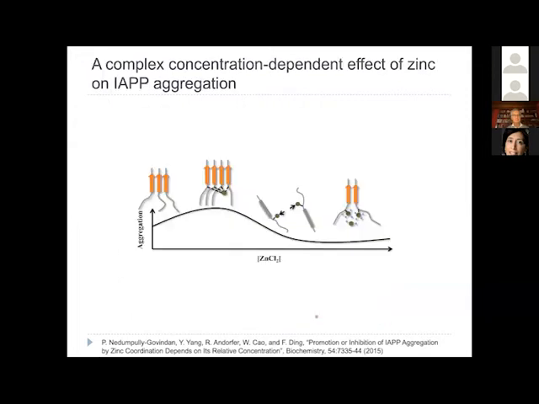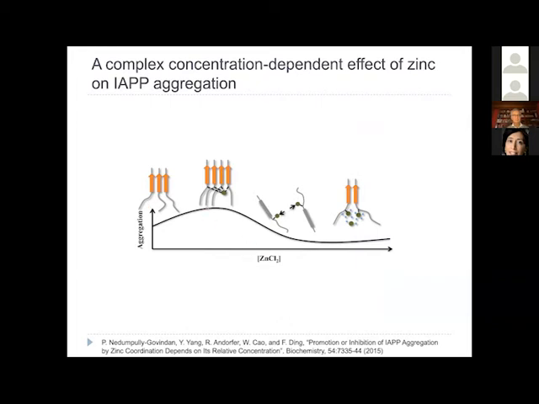So anyway, this is just a cartoon representation. The x-axis is increasing zinc chloride concentration. Initially, without any zinc, IAPP will itself aggregate and form beta sheets, nucleate the seed, and then the seed will grow and form the fibrils.